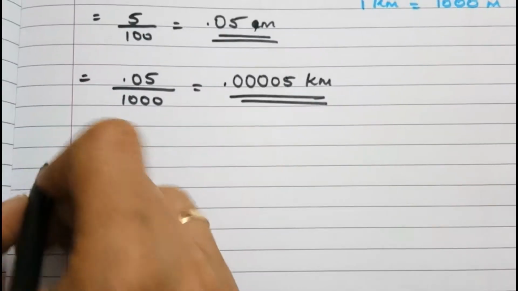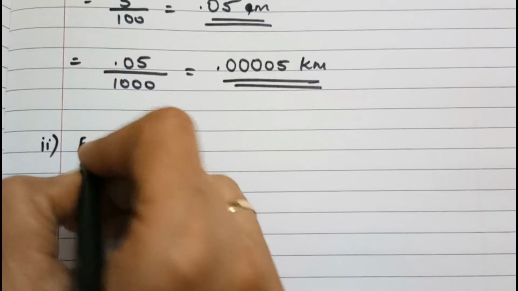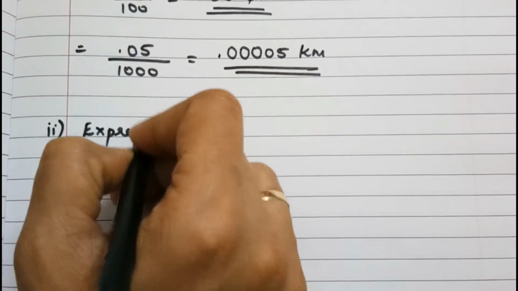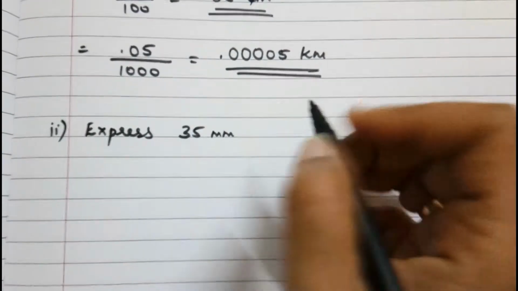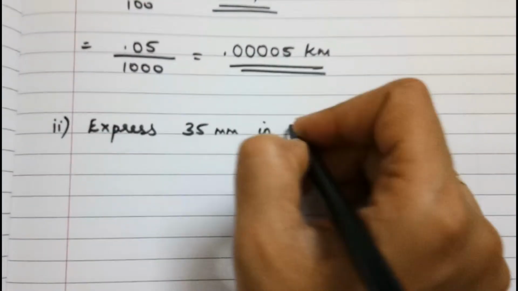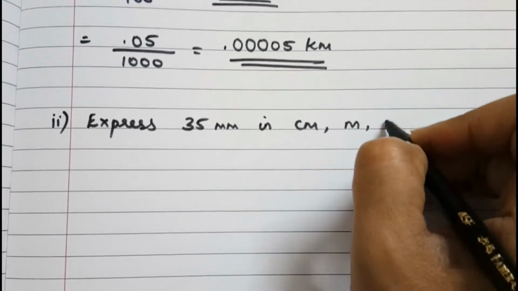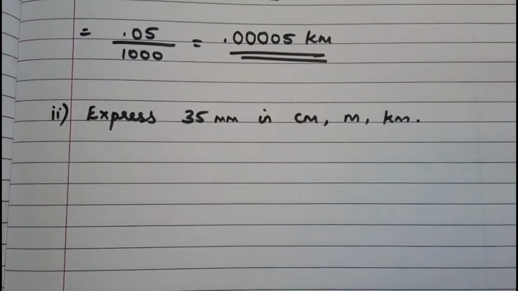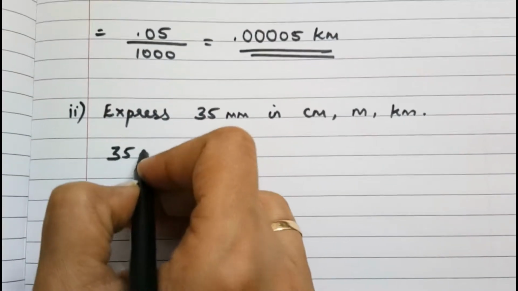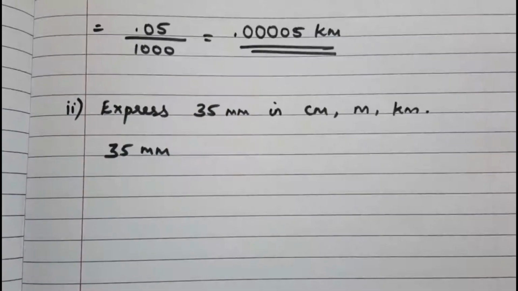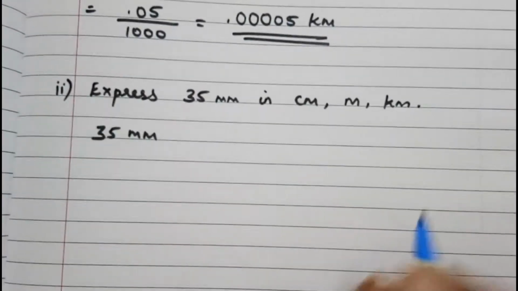Let's move to the second sub question of this. The second sub question says: express 35 mm. What is mm? mm is millimeters. Express it in centimeters, meters and kilometers. Okay, so we need to work on 35 millimeters. As in the earlier sum, let's first write the formula.